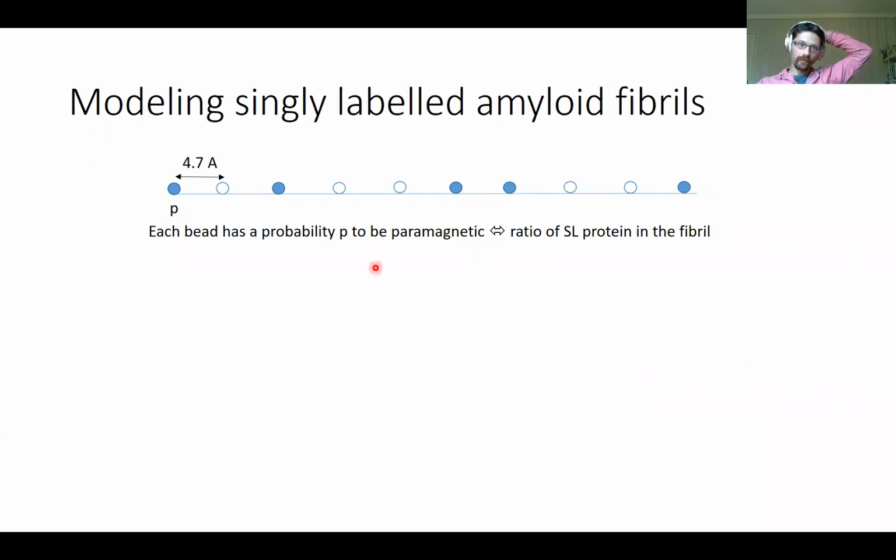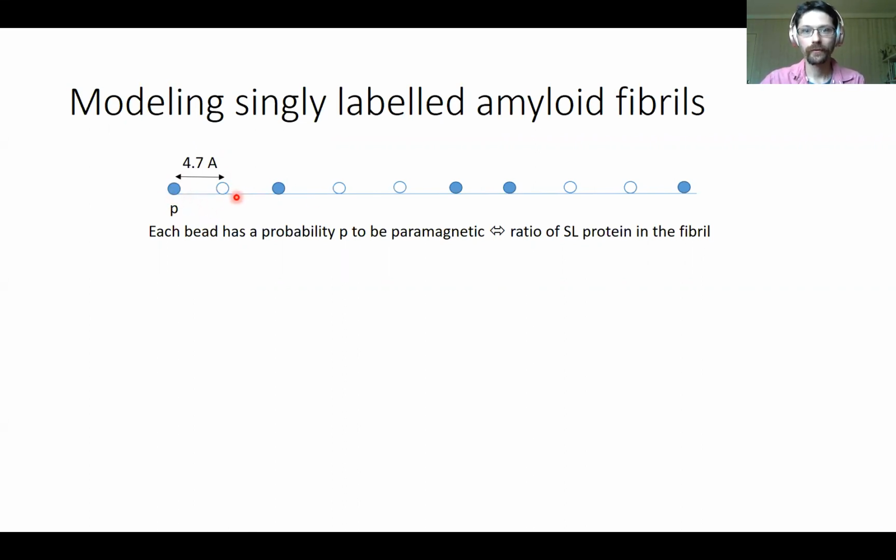To do that, we try to model amyloid fibers in the following way, using what you could call a 1D Monte Carlo simulation, where we have bits. We have a few million bits like this. They're spaced by 4.7 angstrom, and each of those bits has a probability to be paramagnetic.